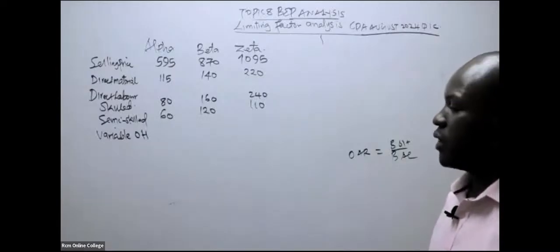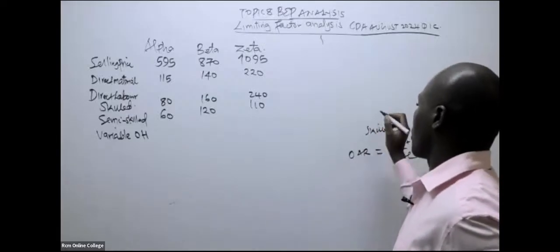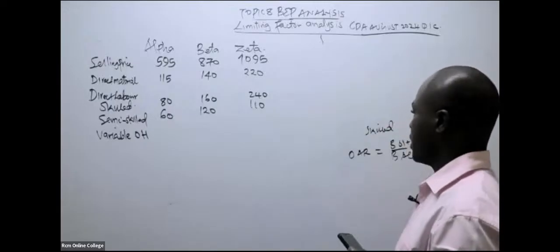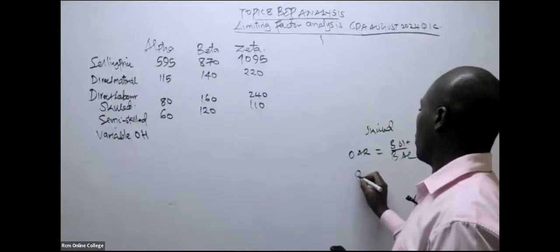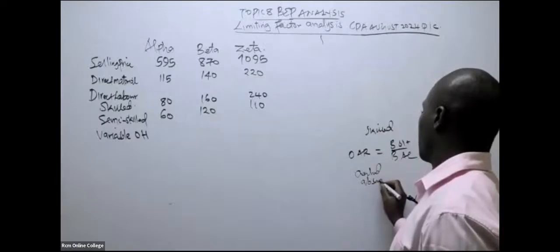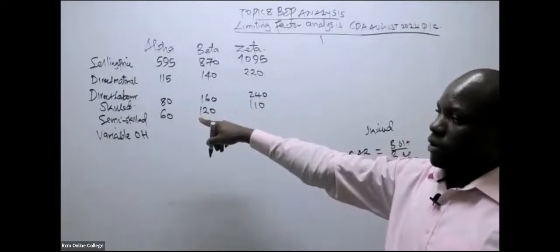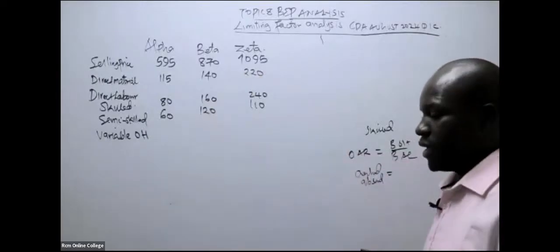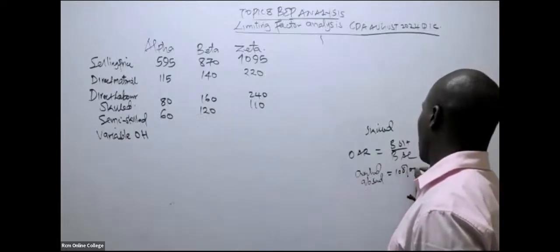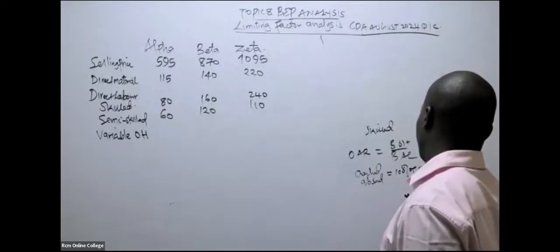We are being told that variable overheads under skilled, we need to absorb 100% of it as variable overhead. So the variable overheads absorbed into these skilled labor hours will be 100% of skilled labor cost.